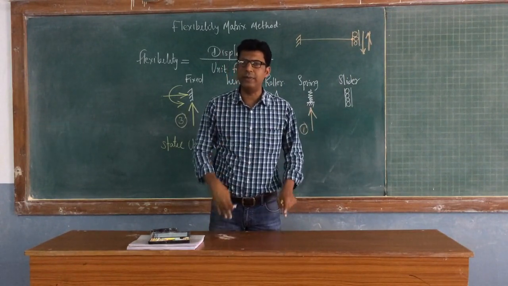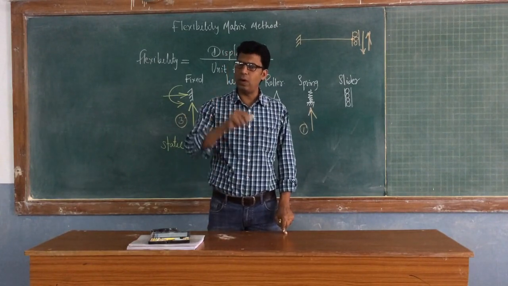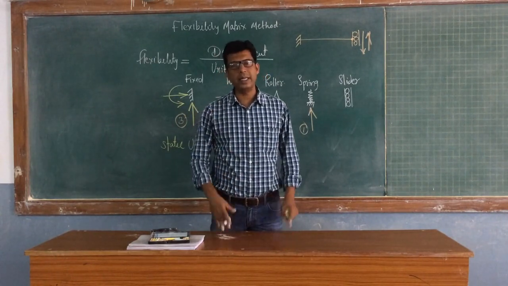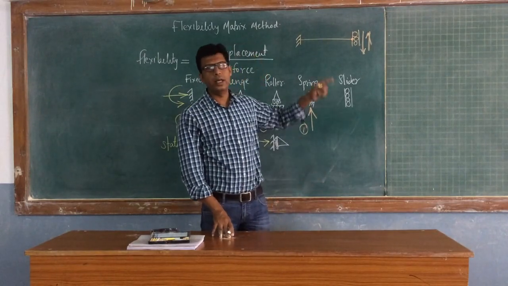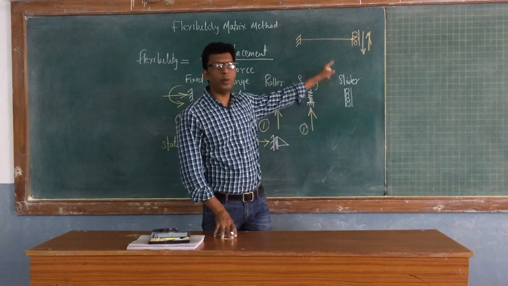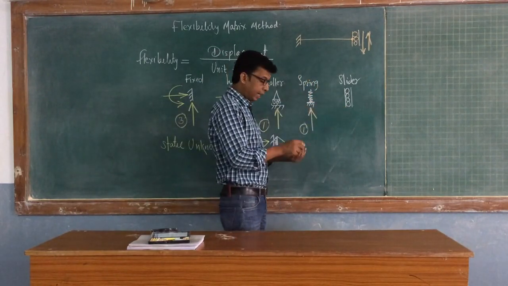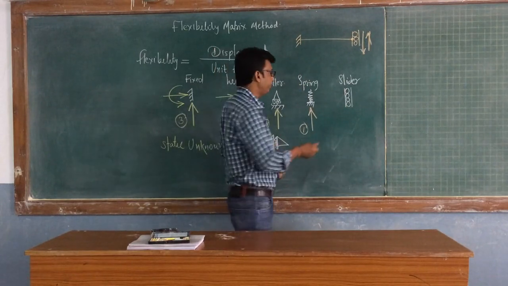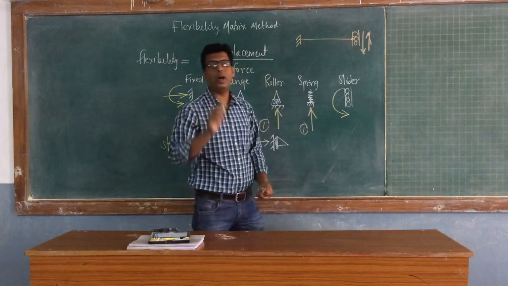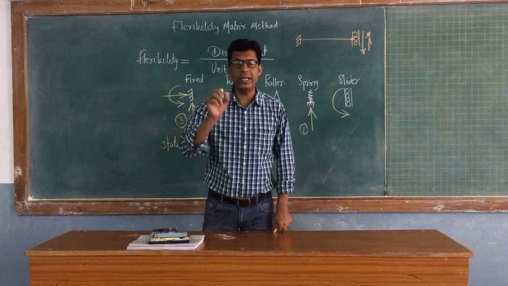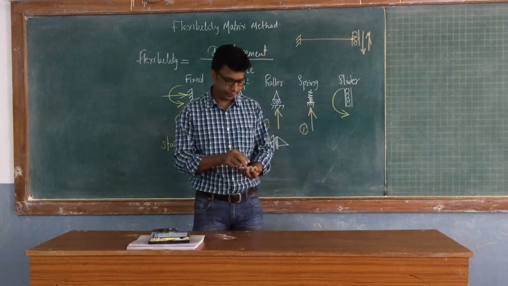If there is a displacement, there will be no force; if there is a force, there is no displacement. That is the relation between static and kinematic unknowns. So for a slider or guided support, there is only 1 static unknown, but please note it is not a reaction, it is a moment.